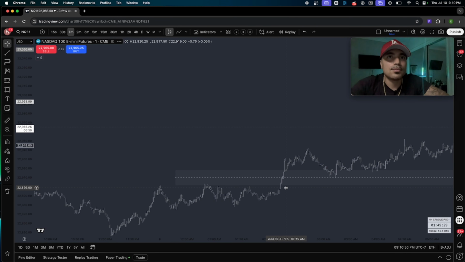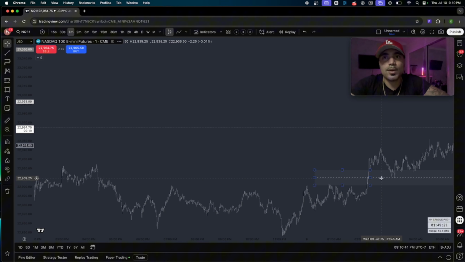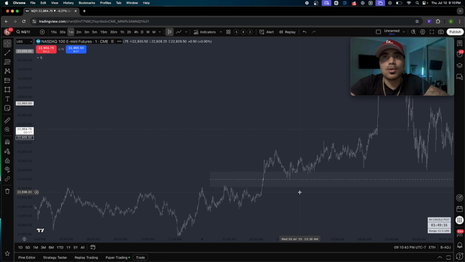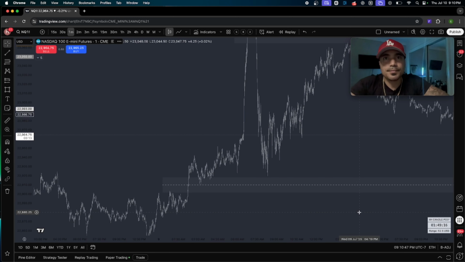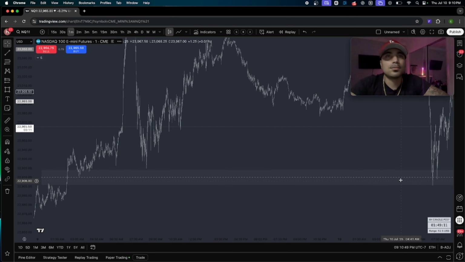And look, I bet if I go to a 5-minute time frame, this is probably a 5-minute fair value gap, because these are all 1-minute FVGs. So I can see why, and it swept these lows. A lot of liquidity was swept with this candle.